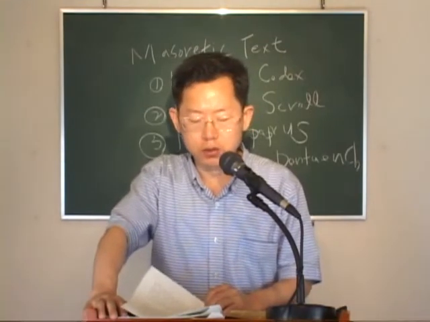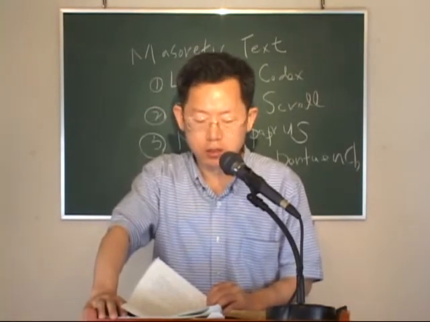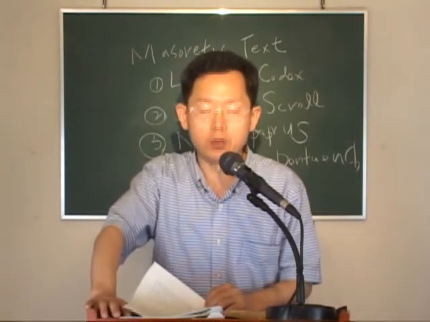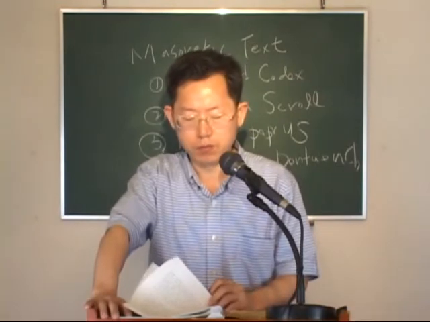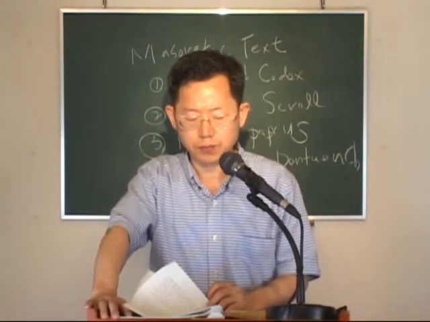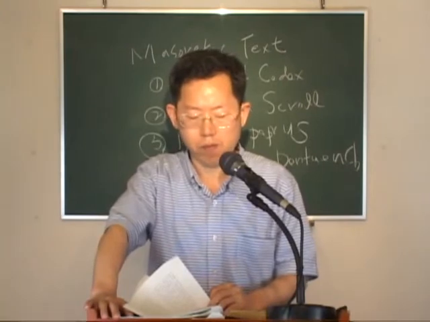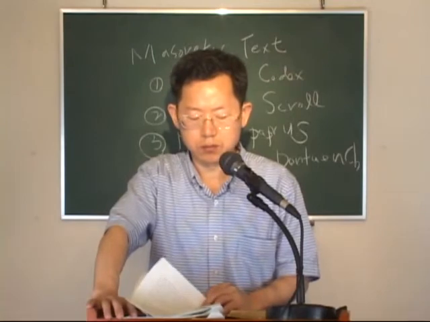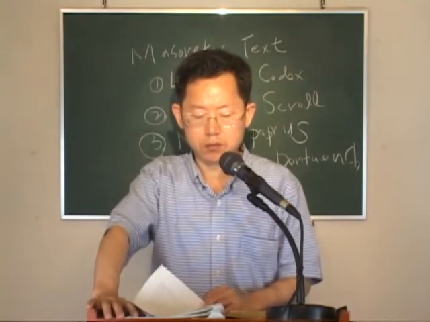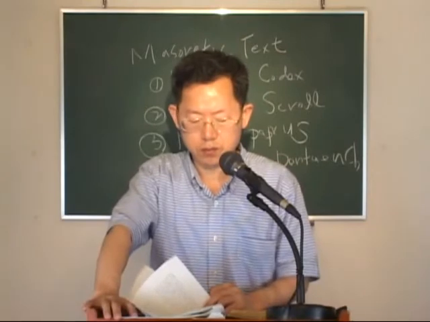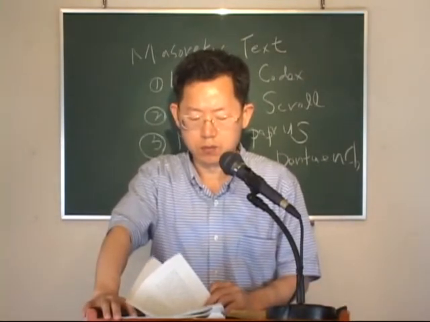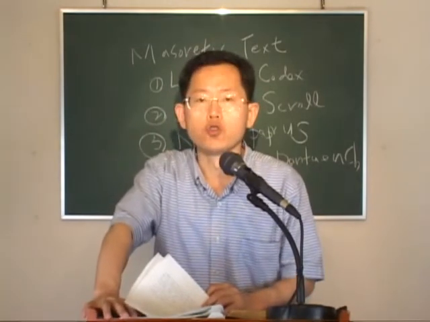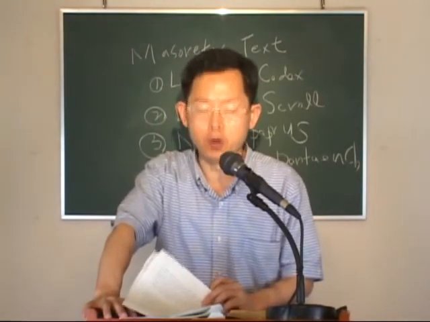For this reason, this Bible is called the Septuagint, which means 70. Its name is Septuagint. The Old Testament Bible that is translated into Greek. But it is the oldest of its kind.